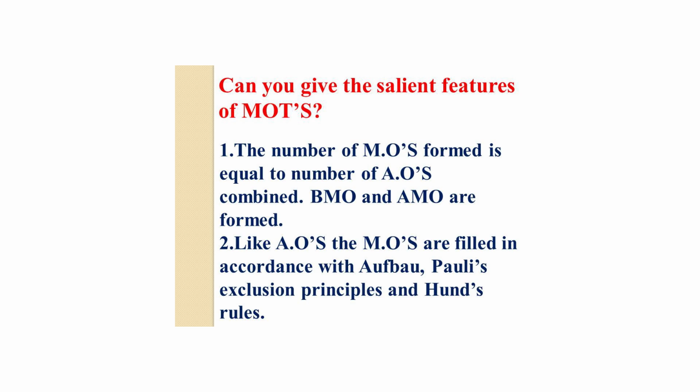Second postulate: like atomic orbitals, molecular orbitals are filled in accordance with three principles, that is the Aufbau principle, Pauli's exclusion principle, and Hund's rule. These are the salient features of molecular orbital theory.